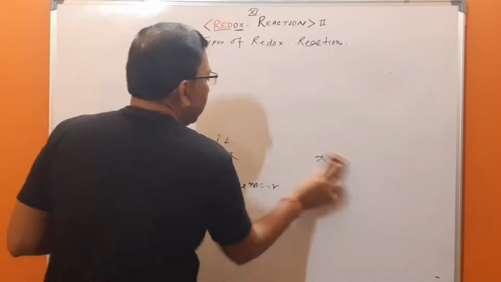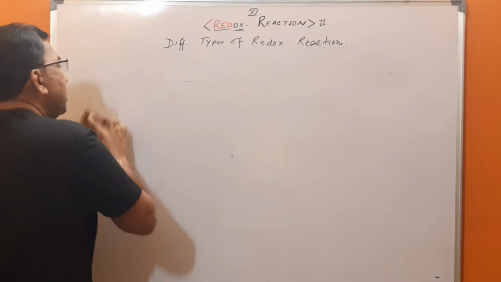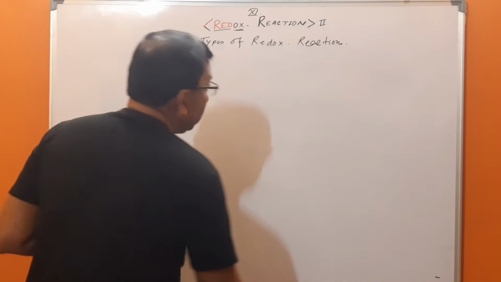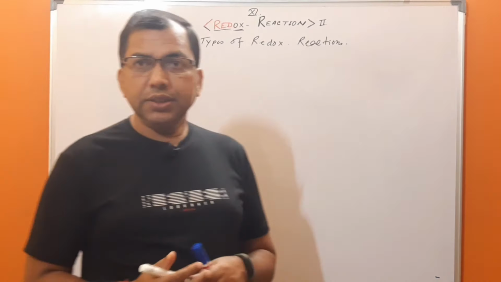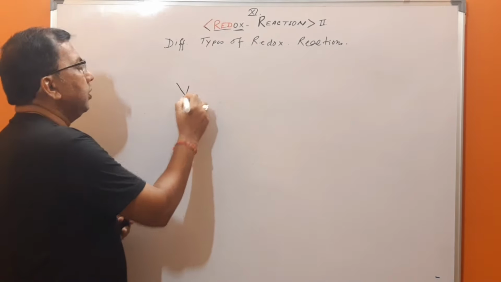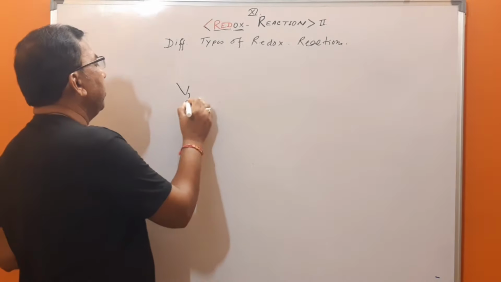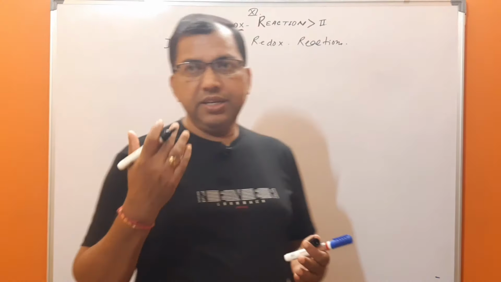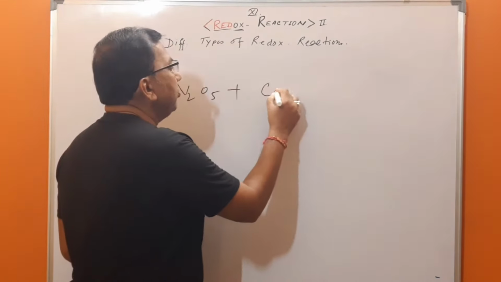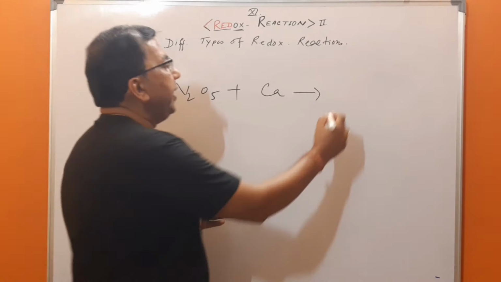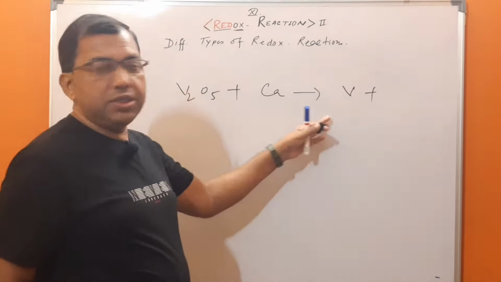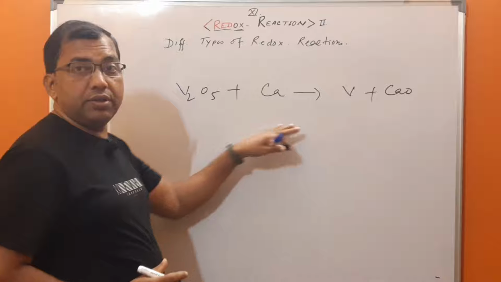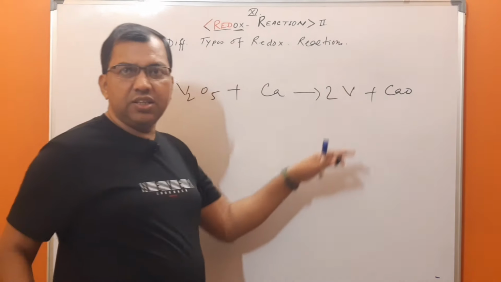So all redox reactions you can prove by oxidation number; sometimes it will increase, in another place it will decrease. So it is an oxidation reaction. An example of metal displacement: vanadium pentoxide, V2O5, if it reacts with calcium, what is the product? Vanadium plus CaO.